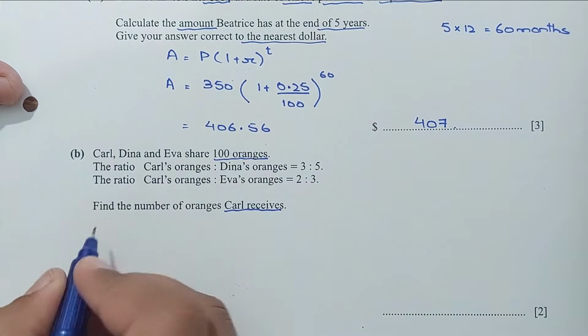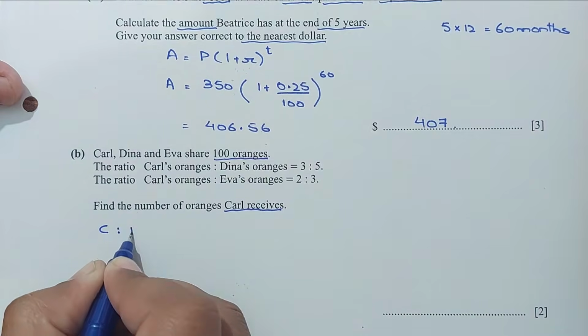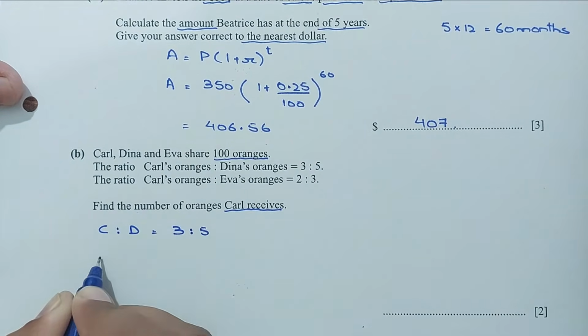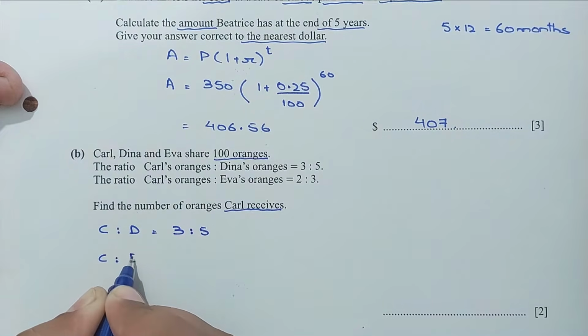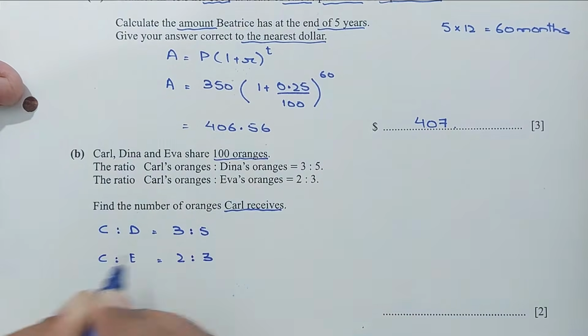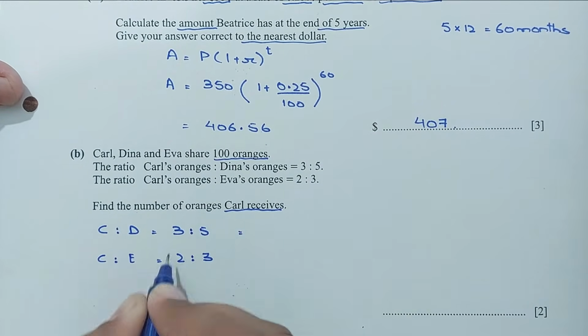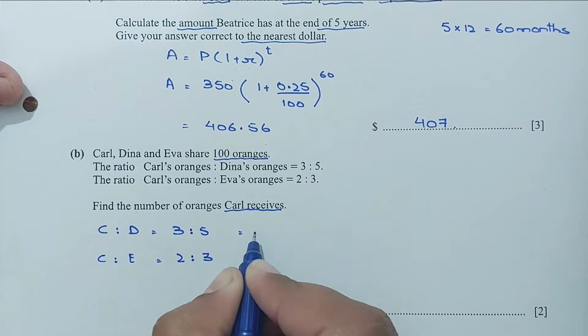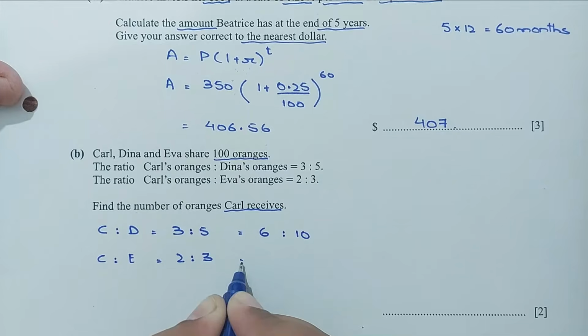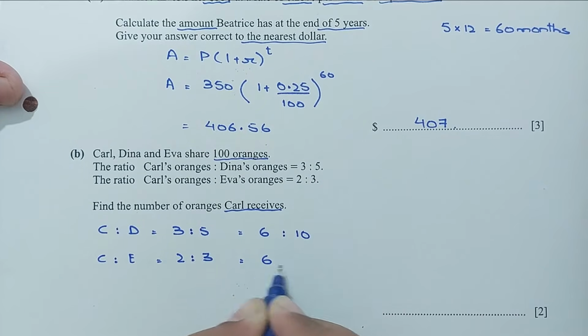Let me write Carl and Dana, which is 3:5, and Carl and Eva, which is 2:3. For Carl, we have to make them the same by multiplying this by 2 and this by 3. So 2 times 3 is 6 and 2 times 5 is 10. And here 3 times 2 is 6 and 3 times 3 is 9. So for Carl it should be the same, it's 6.